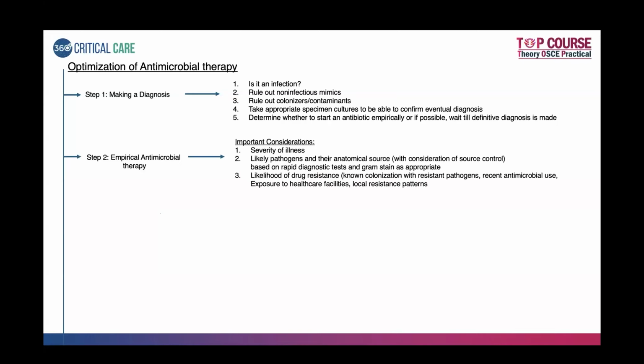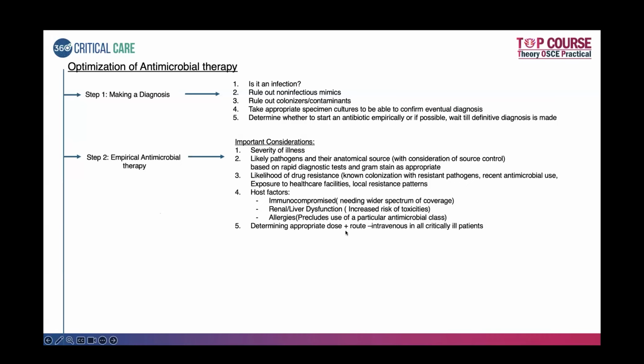The likelihood of drug resistance, like known colonization by resistant pathogens, recent antimicrobial use, exposure to healthcare facilities, and local resistance patterns. Then host factors, whether they are immunocompromised, needing wide spectrum of coverage, renal or liver dysfunction, where there can be increased risk of toxicities, and allergies, which will preclude certain particular classes of antimicrobial agents.